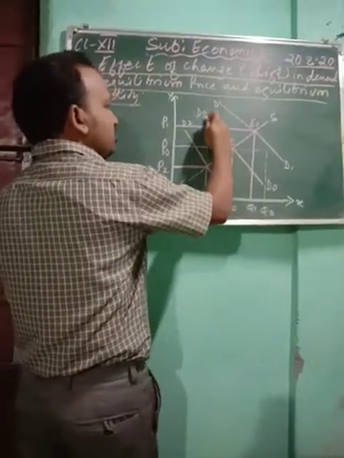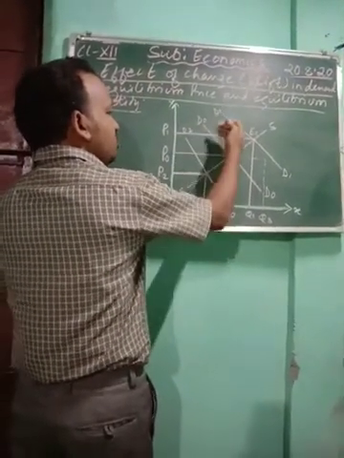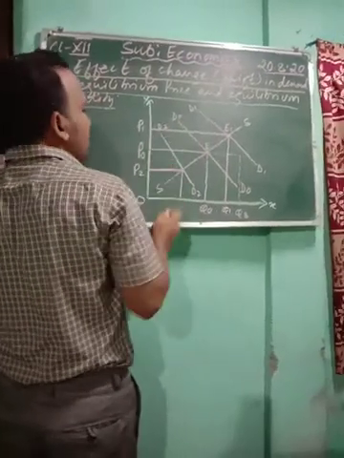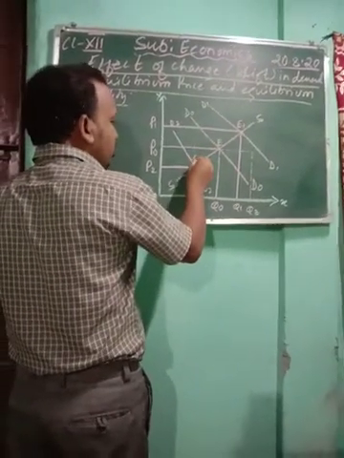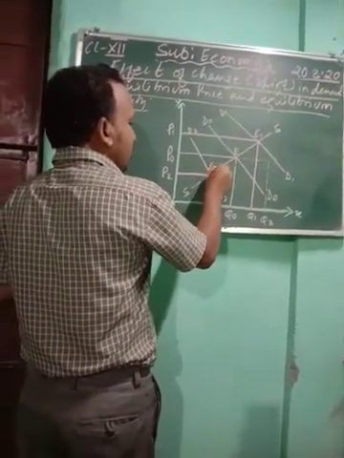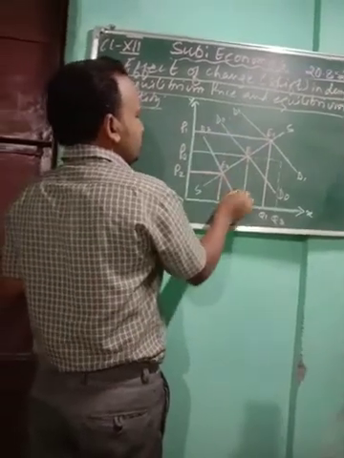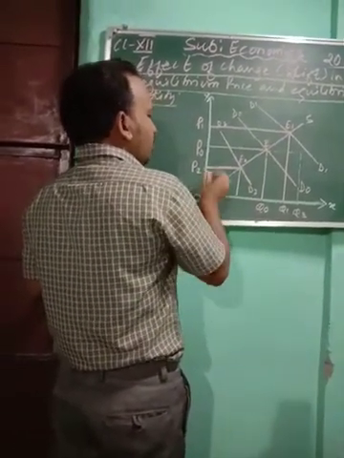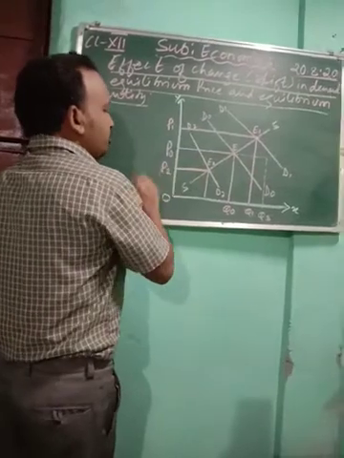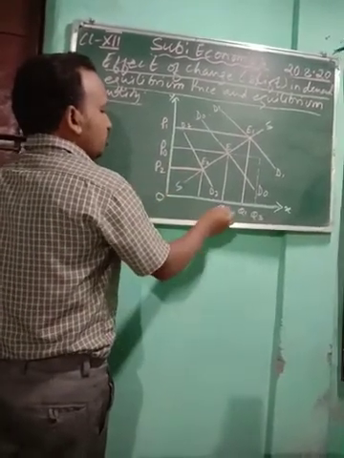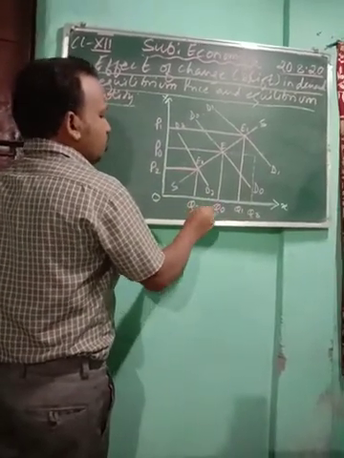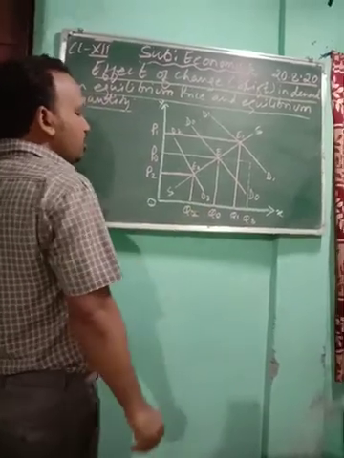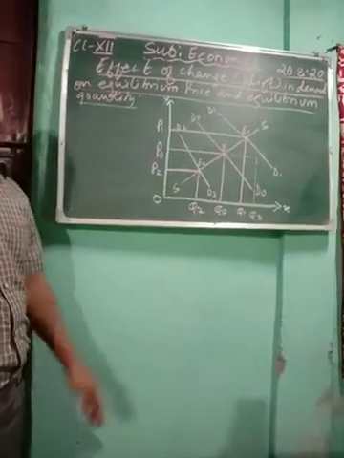See, this is your initial curve, this is your shift. From right it will shift to the left. Again a new equilibrium will form, E2. D2 is the new curve, OP2 is the new equilibrium price, and OQ2 will be your new equilibrium quantity.